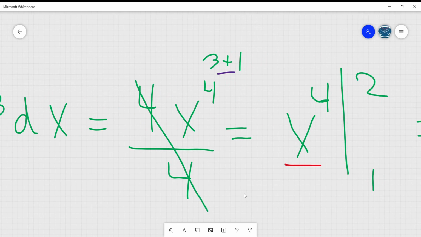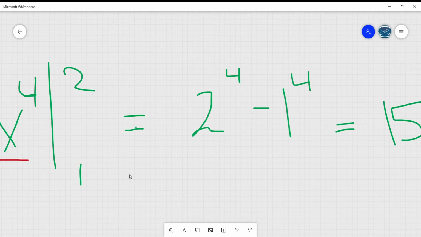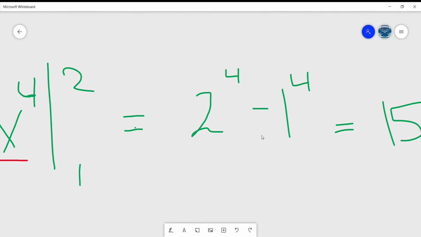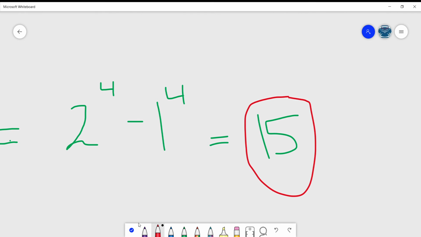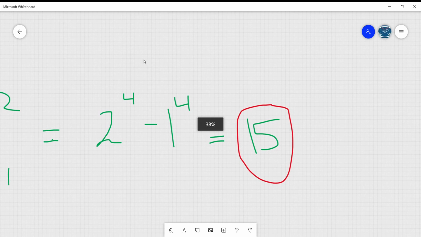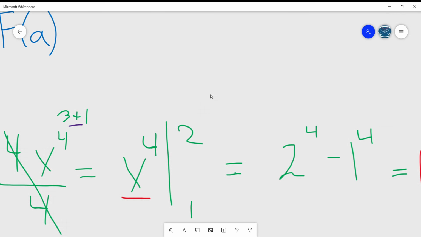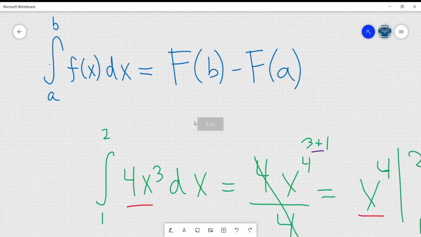And we apply the limits from 1 to 2, so we get 2 to the 4th power minus 1 to the 4th power, and that is going to be 15. So that's our final answer. So that was a definite integral. And now I will show you the Fundamental Theorem of Calculus Part 2, and maybe you'll realize some similarities.